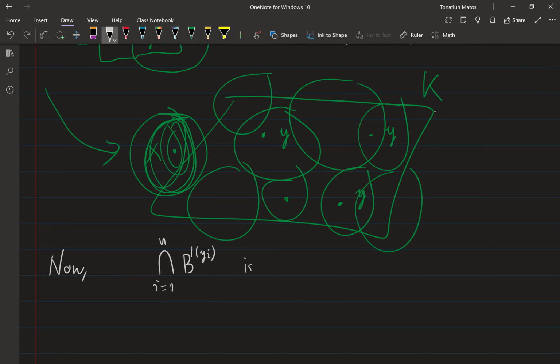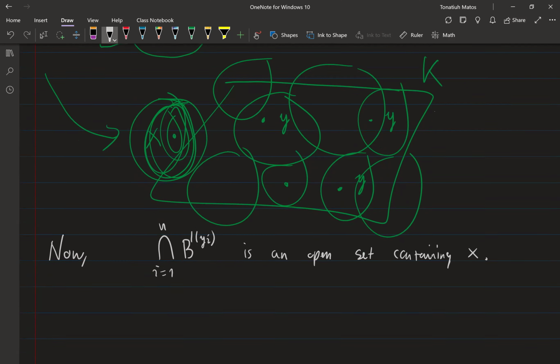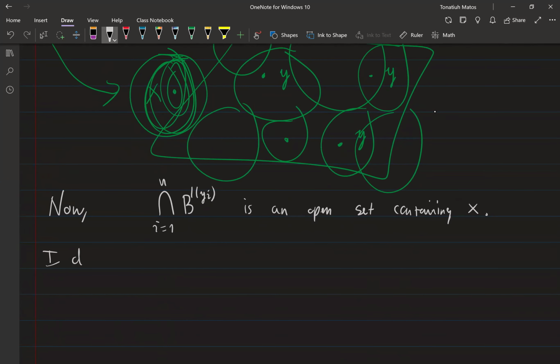Now this is an open set because it's the intersection of finitely many open sets, right? Containing X. So I claim, what do we want to call it? Call it U.